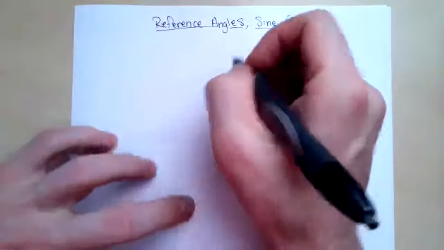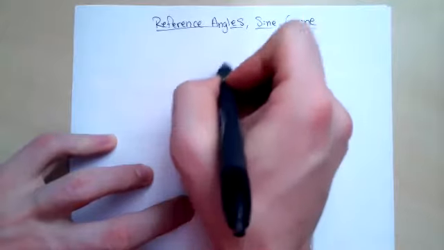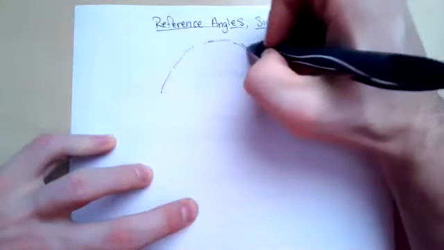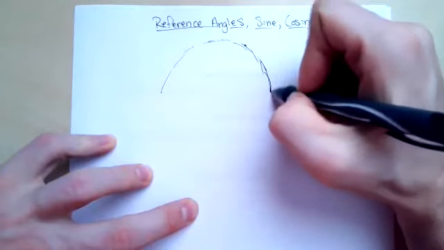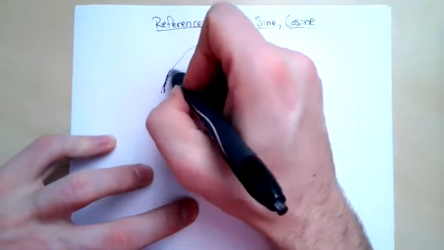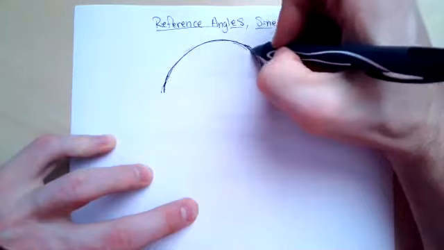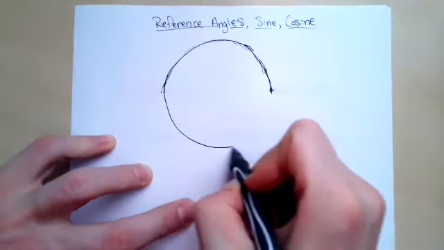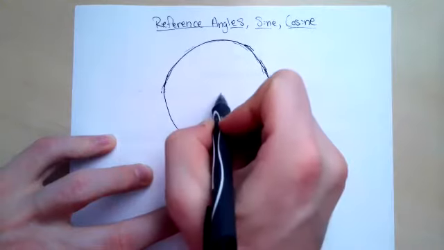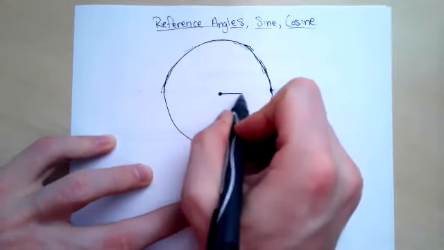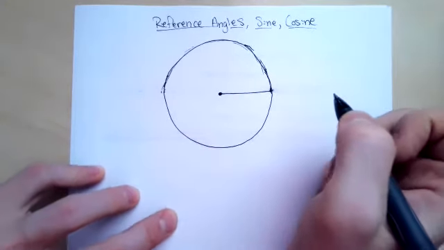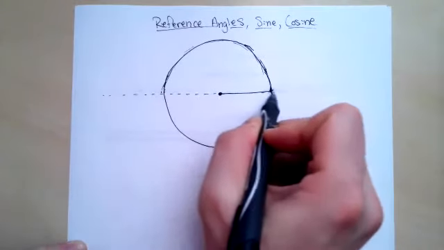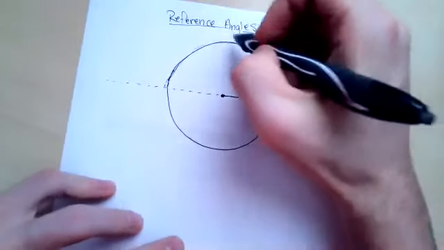So when we're measuring angles, we are measuring them in standard position from a circle, but we also want to consider this overlaid with our Cartesian plane.